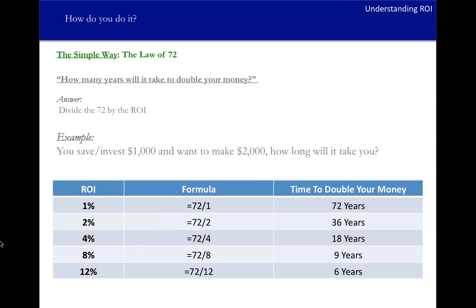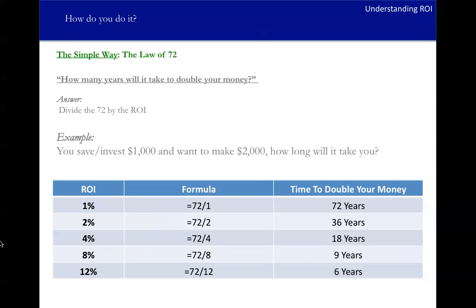If you invested in the stock market with an average ROI, this is again annual, of 8%, your formula becomes 72 divided by 8, which is 9 years. So you can see the difference between 36 years and 9 years. It is a very significant difference in how much time it will take to double your money.